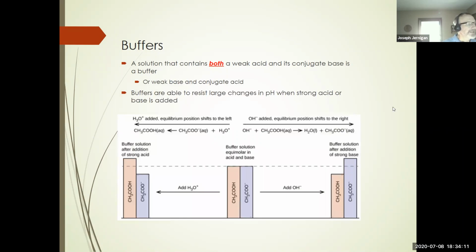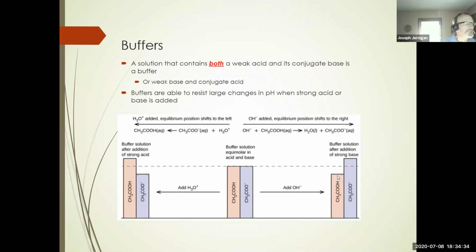And a nice schematic of that is shown here. If you take a buffer solution in the middle here, with equal molar amounts of acid and base, and you add, for example, to the right, hydroxide ion, a strong base, you are going to consume some of the acetic acid.